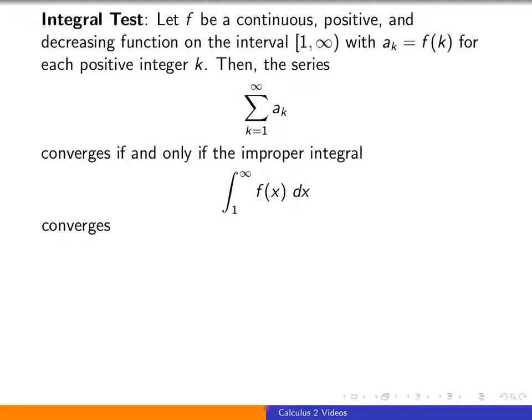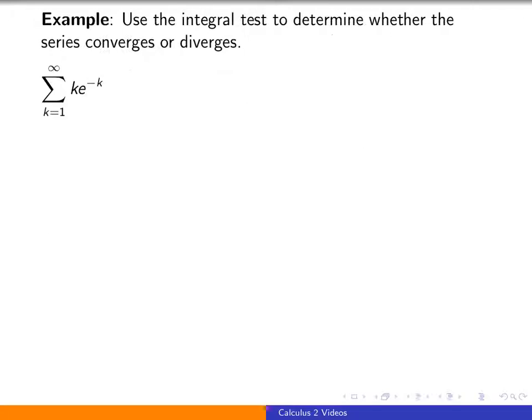Let's look at one last example involving the test. Let's use the integral test to determine whether the series given here converges or diverges, and we're going to see this as a slightly more involved example. So the associated function we have is f of x equals x e to the minus x, which we can maybe slightly more conveniently express as x over e to the x.